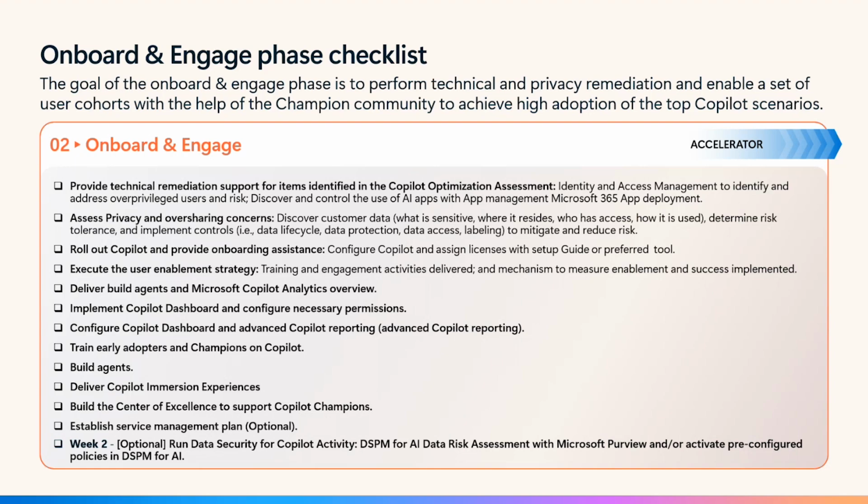Configure the Copilot dashboard and advanced Copilot reporting, build agents, train early adopters, so train the trainer, deliver the Copilot immersion experience, and build the center of excellence to support Copilot champions. Maybe I have something to tell you about the center of excellence in the next few slides.